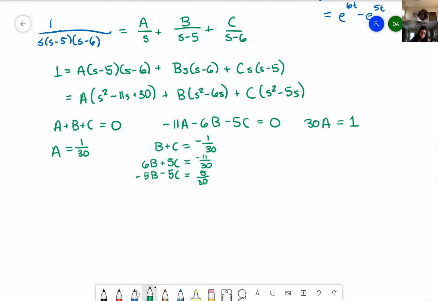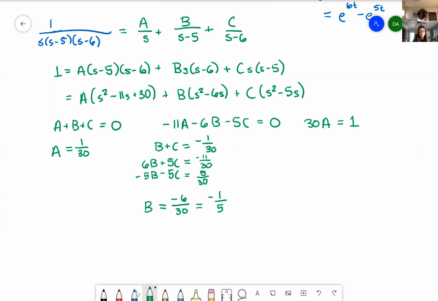And what I'll get is, I'm going to add those together. B is equal to negative 6/30ths. In other words, negative 1/5. Yep.